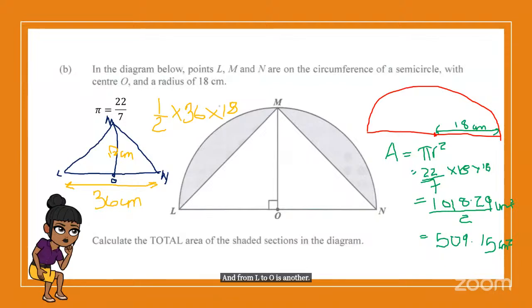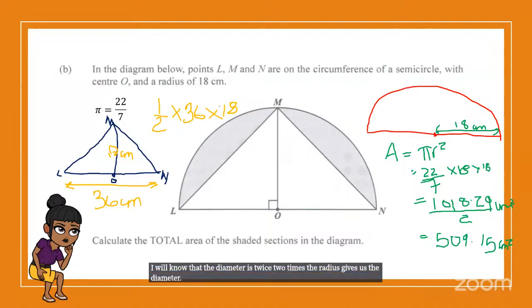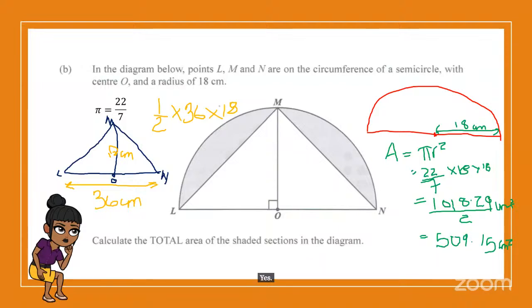We're also saying that L to N is the diameter of the semicircle, and the diameter is 2 times the radius. Yes, that's what I wanted to know. All right, not a problem. So we're going ahead to find the area of the triangle.